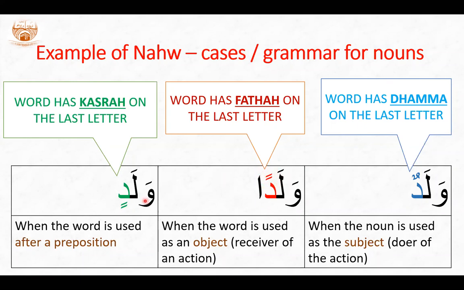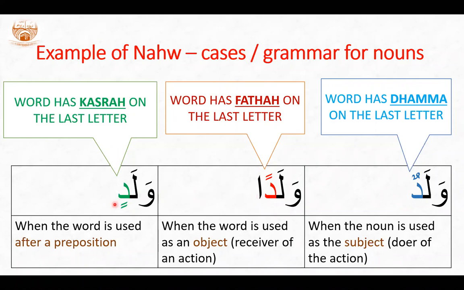And sometimes we might have the word read with a kasra on the last letter. A simple reason could be when the word is used after a preposition. Prepositions are like on, off, to, by. So you can say, for instance, Zaid went by a boy.